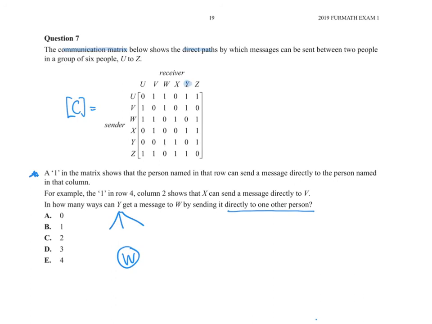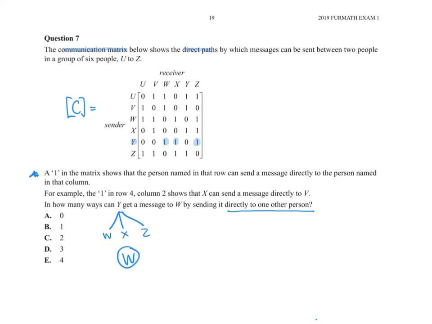Y is on the sender here. And who can Y send a message to? Y can send a message to W, X, and Z.